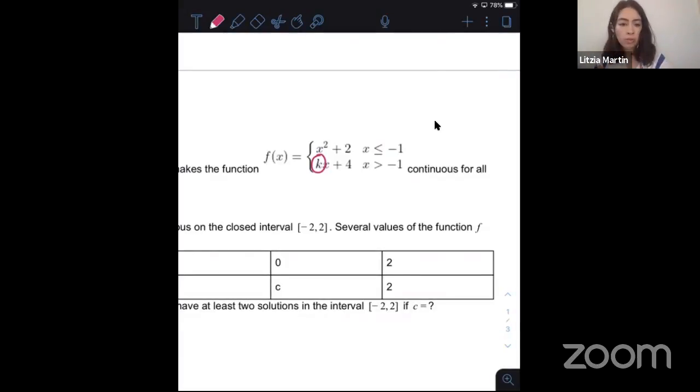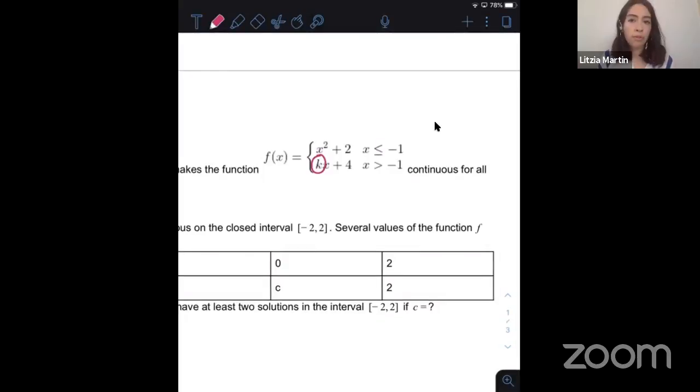So that's what we're going to try and figure out. In order for us to do that, the keyword is continuous. So we need to know, what is the definition of a function being continuous?